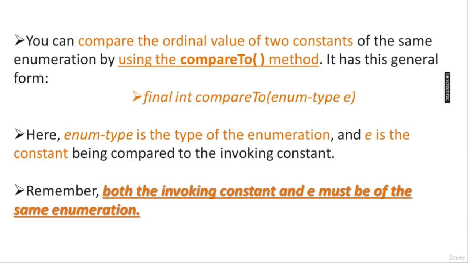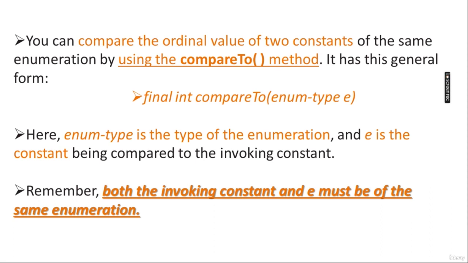You can compare the ordinal value of two constants of the same enumeration by using the compareTo method. Okay. So how can you compare? Final int compareTo. You can compare the ordinal value of two constants of the enumeration by using the compareTo method. Enum type is the name of the enumeration and e is the constant being compared to the invoking constant.